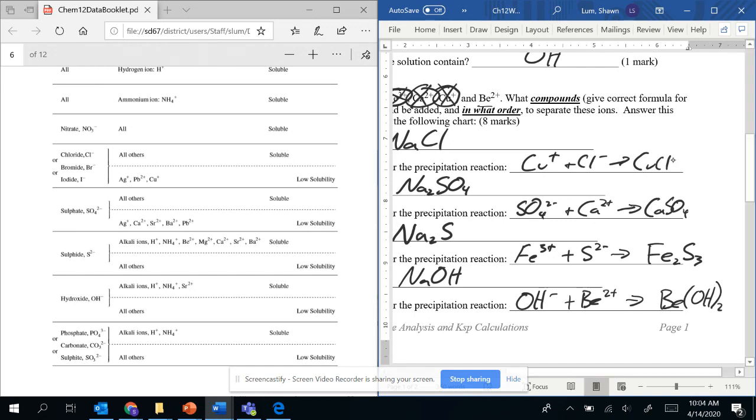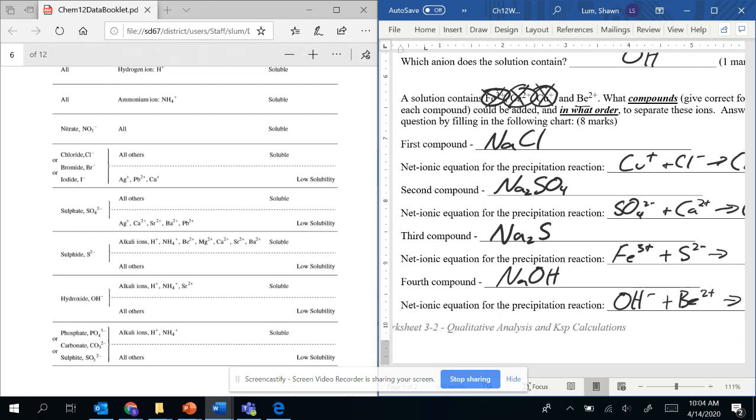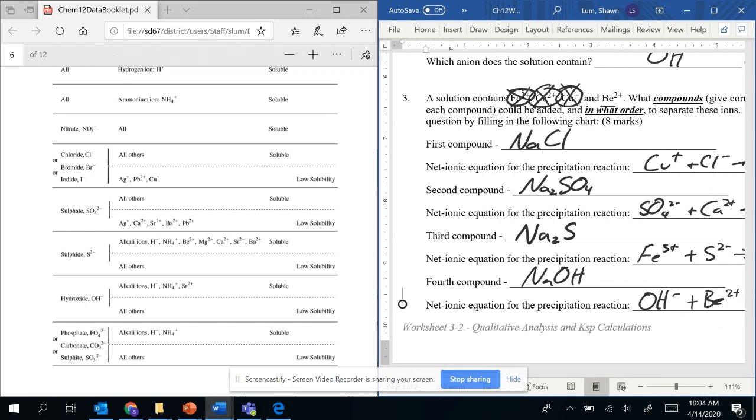And technically I should have written solid like this for all of these ones to show that, hey, that's the precipitate that we're removing. So this is one answer that you could have for question number 3 right here. There could be many, many other answers.